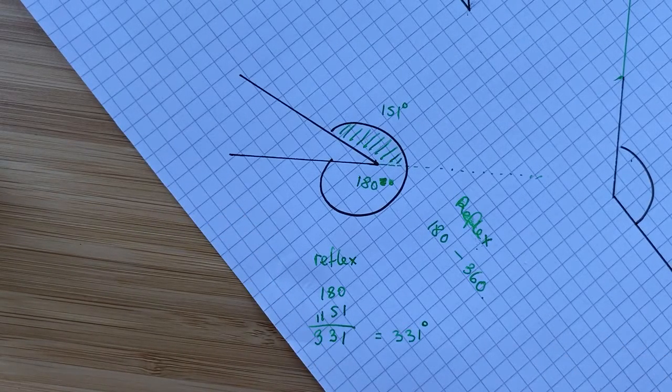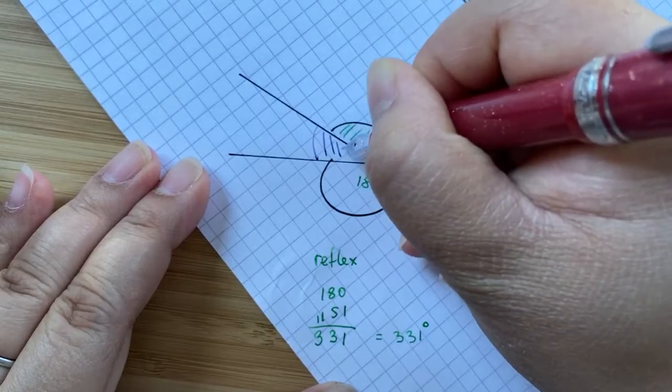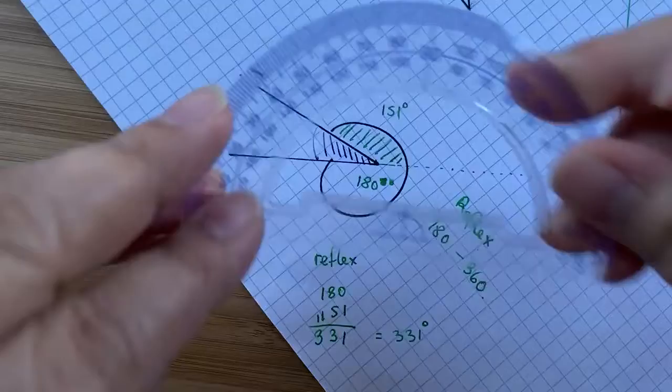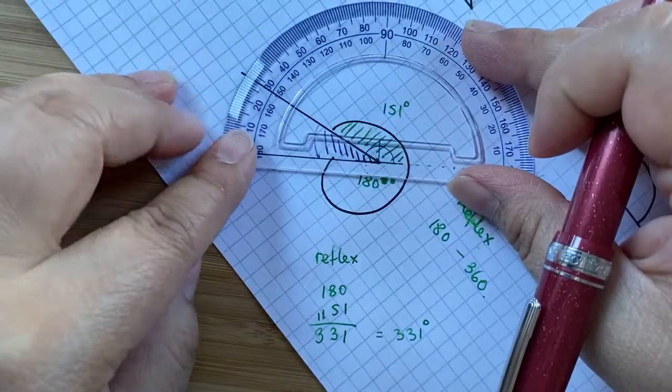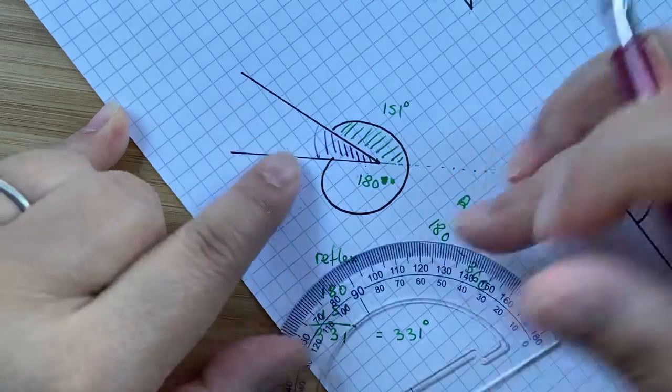Another way is not to measure the obtuse, but to measure the other part, the angle that we don't actually need. So you can see here, we don't need this angle that I've highlighted in purple. So I can actually measure that instead, which is the acute angle, which I know is 29 degrees.